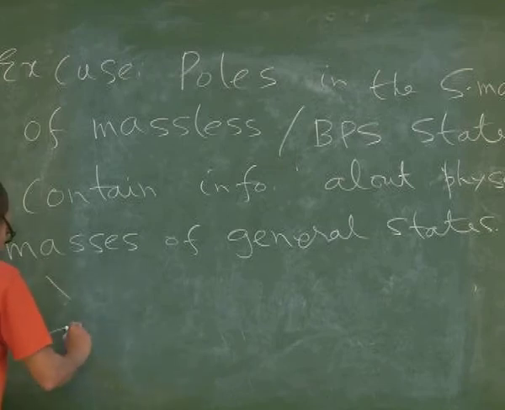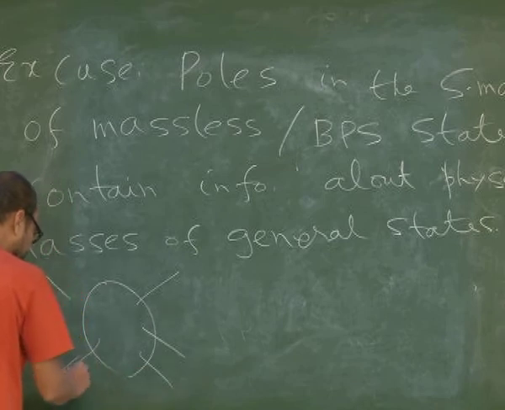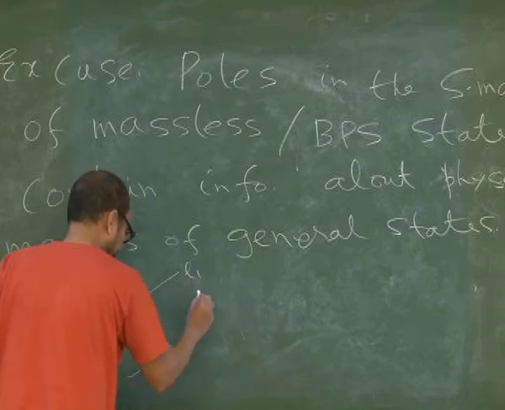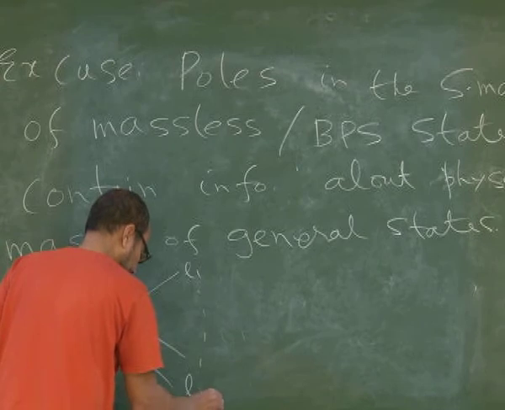So let us imagine that we have an S matrix of some set of external states. Let us say k_1 to k_n and l_1 to l_m. These are the external momenta.